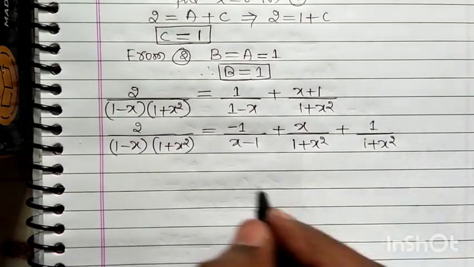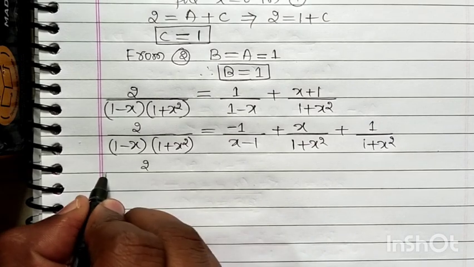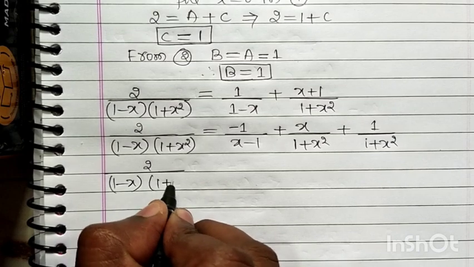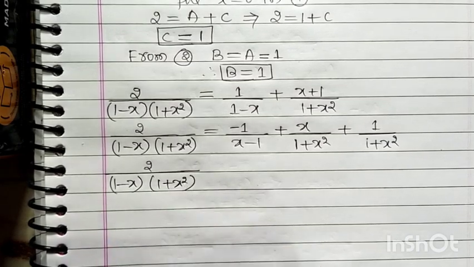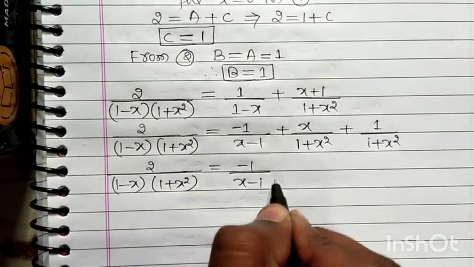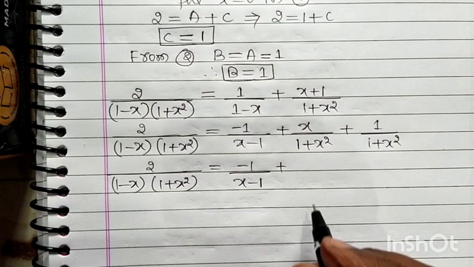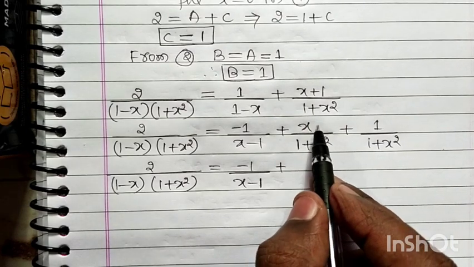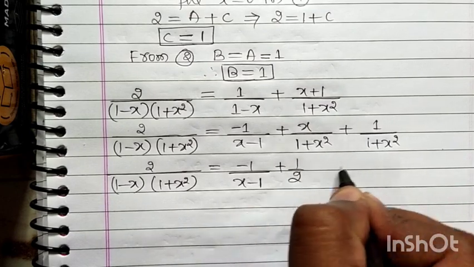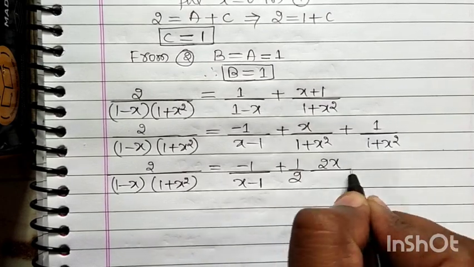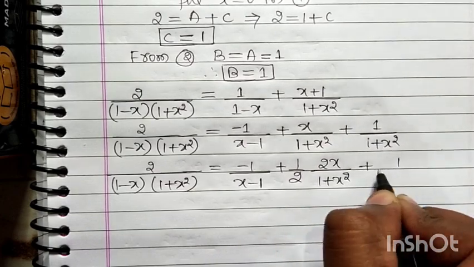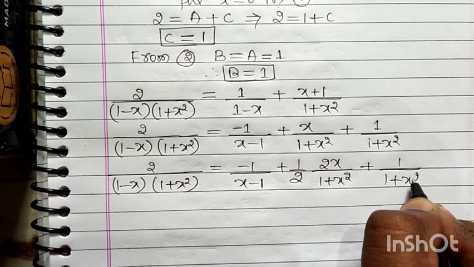So now in the next step, 2 by (1 minus x) into (1 plus x square) is equal to minus 1 divided by (x minus 1) plus, so if we integrate, in order to make this f dash of x by f of x, I multiply and divide by 2. So 1 by 2 into 2x divided by (1 plus x square) plus 1 divided by (1 plus x square).